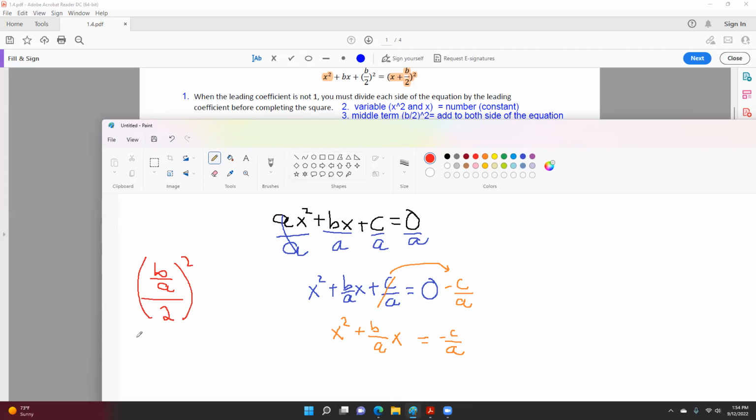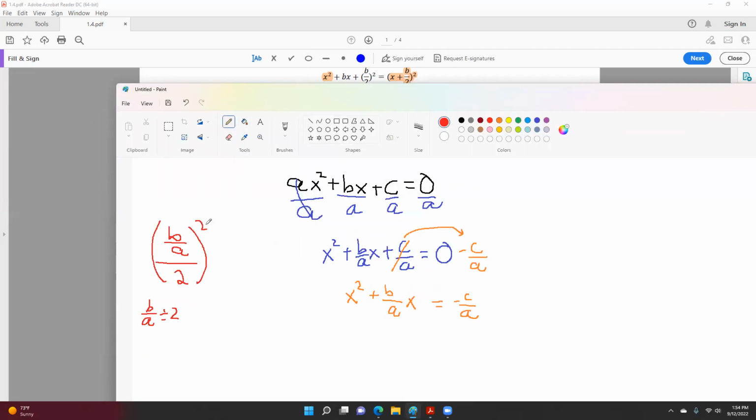Dividing b over a by 2 is the same as in the complex fraction: we change the division to multiplication and flip the number, so 2 becomes 1/2. This is actually b over 2a, because when you multiply fractions, you multiply straight across.